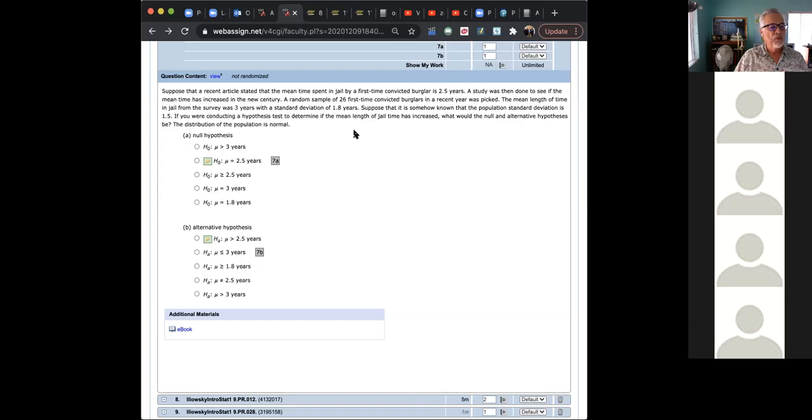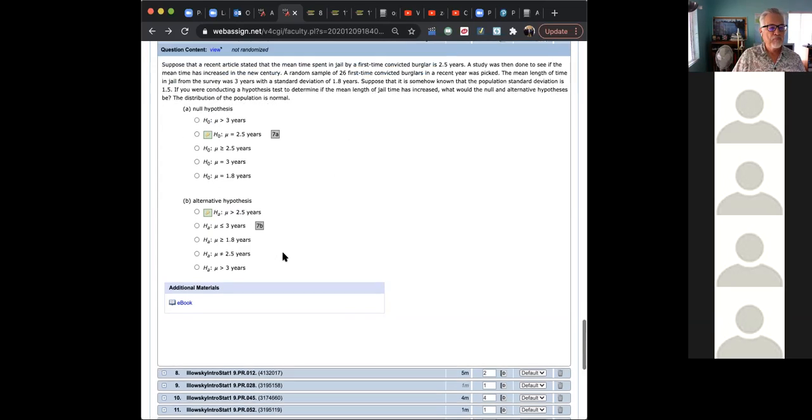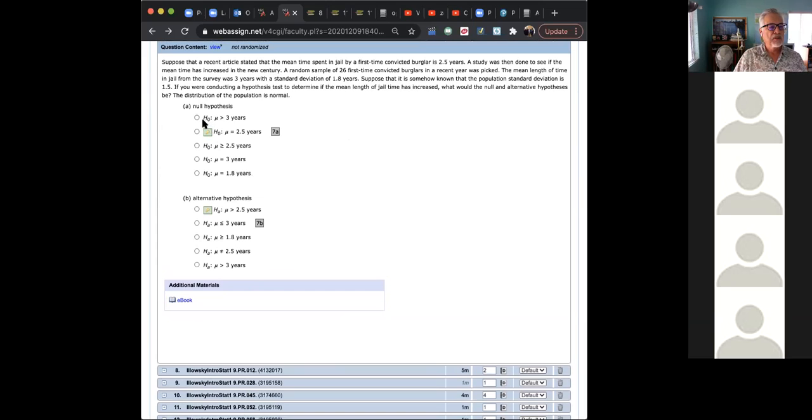Okay, so we'd have to reflect that in our alternative hypothesis and state that mu is greater than 2.5. Okay, remember the claim is really the alternative hypothesis.